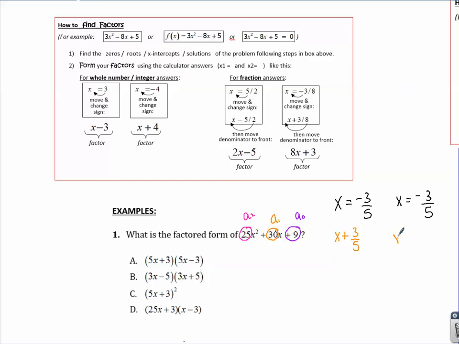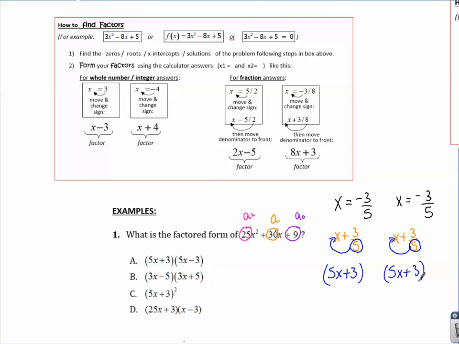Same for this one, x plus 3 over 5. Because I have a fraction, I need to take the denominator and move that to the front. So I now have 5x plus 3, and that is my factor.